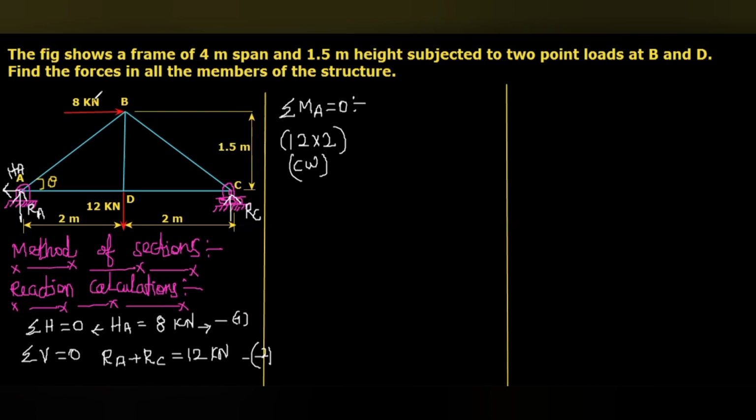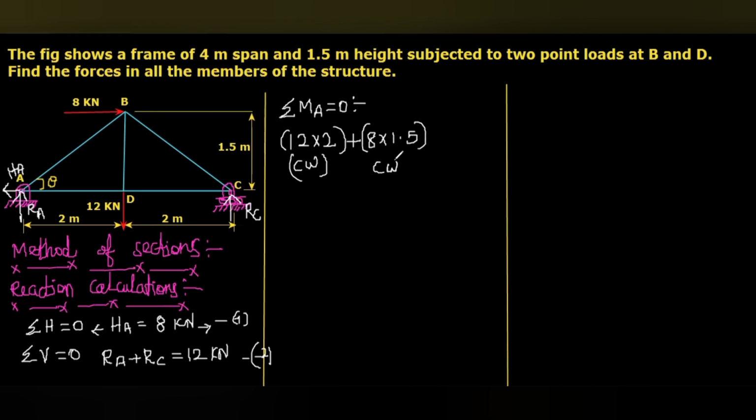So 8 kilonewton into BD with respect to point A is also in clockwise direction. This 8 into this distance is also in clockwise. So that will be added on the same side: 8 multiplied with the distance 1.5.